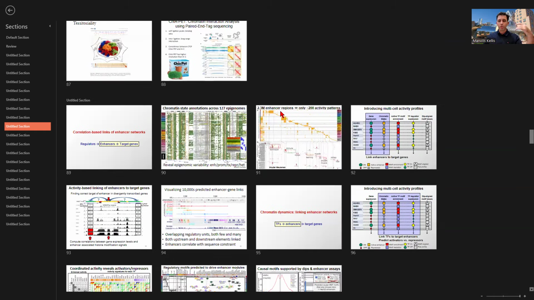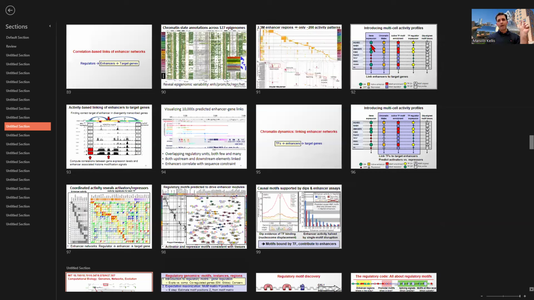And then we saw how we can use correlated activity patterns, both to discover targets of enhancers based on the corresponding gene expression nearby, but also to discover repressors and activators based on the relationship between the enhancer state turning on or off, the promoter, the motif that is enriched within that enhancer state or depleted, and the corresponding trans-acting regulator that is known to recognize that motif and whether it is active or not, and how we can use that to discover these regulatory networks.